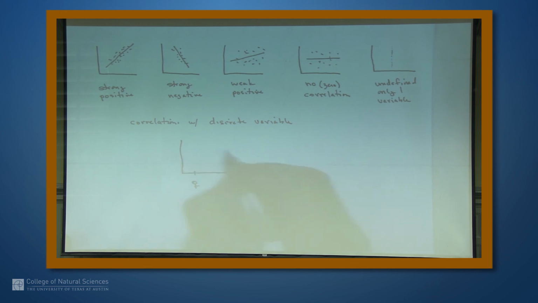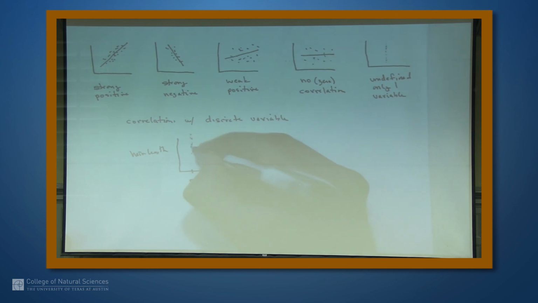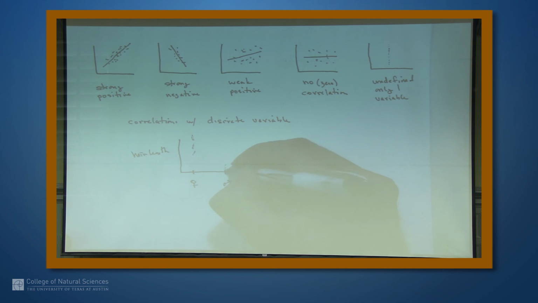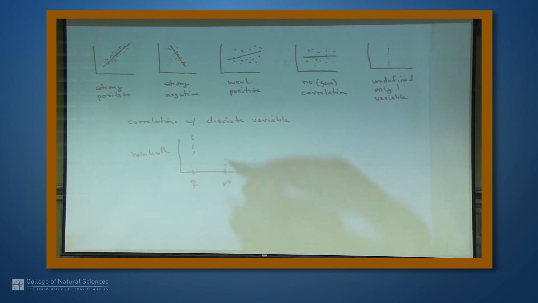You know, could be hair length or something like that. So you'd have a variety of points there, and you'd have, unfortunately, one of us in this room would be down here. You'd have a scatter, but if the means are different, then you would say a correlation exists.